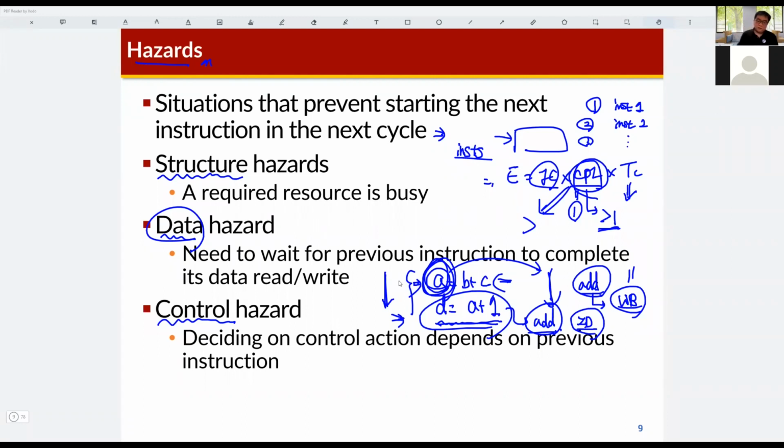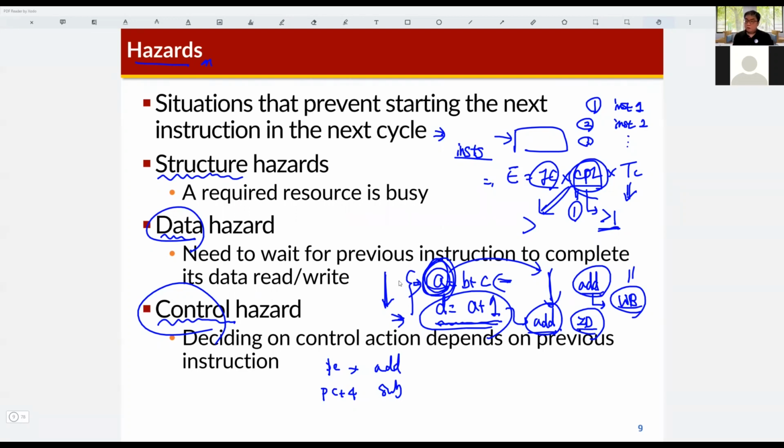This is the data hazard, and control hazard means that the clock cycle is wasted due to a branch instruction. For a normal instruction like add or sub, the PC becomes PC plus 4 for the next instruction, but for the branch instruction, the PC will have some different value, right?